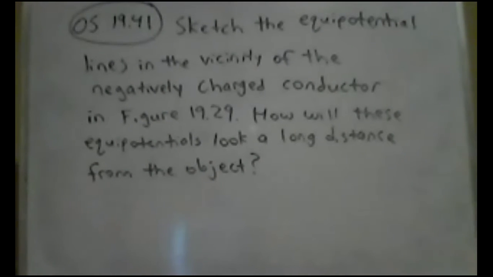How will these equipotentials look a long distance from the object?